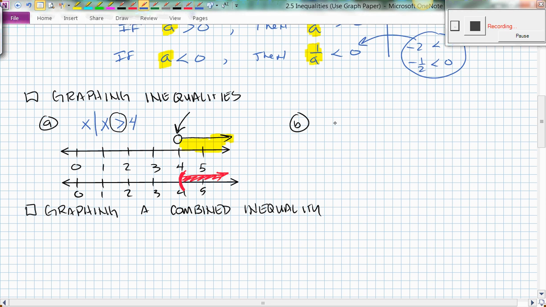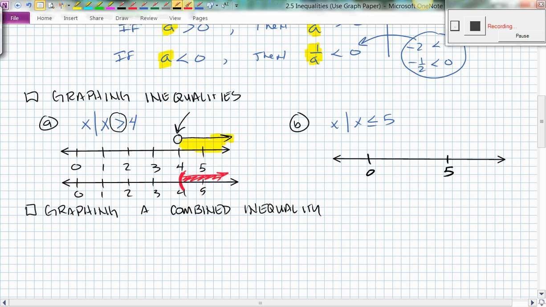So example B would be something like all x such that x is less than or equal to 5. So since we want less than or equal to 5, okay, we're going to use a bracket. You also don't need to give me all the numbers on the number line. Just do this. Give me 0, okay, and then give me 5 in the right spot. And what I mean by the right spot, meaning that 5 should be to the right of the 0.